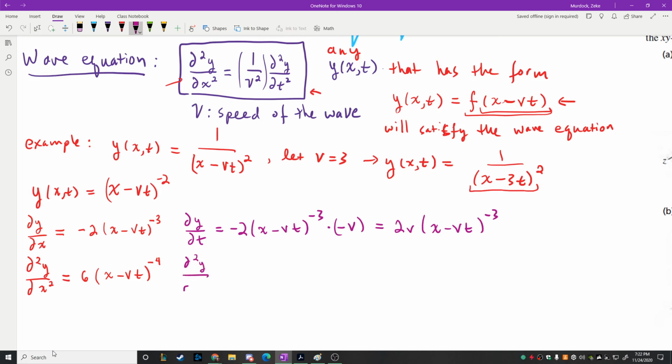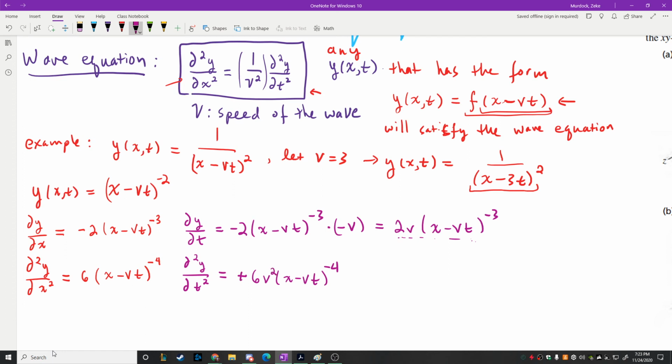Now we want to take the second derivative of this function here. The derivative of this one is going to be negative 3 times 2, so we get negative 6. Subtract 1 from the power. We again multiply by the derivative of the inside, which is negative v, so a negative v times a negative v gives us v squared.